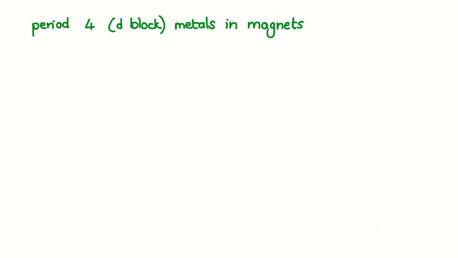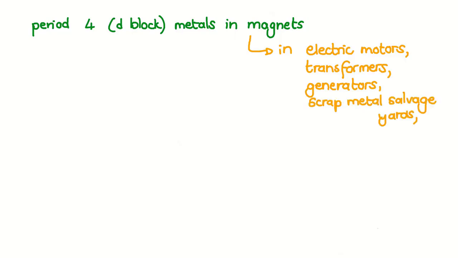Magnets are surprisingly widely used, not just for posting pictures on your refrigerator. Period 4 metals are used in magnets for many devices. For example, in electric motors, transformers, generators, scrap metal salvage yards, microwave ovens, TV display devices, radios, and much more.